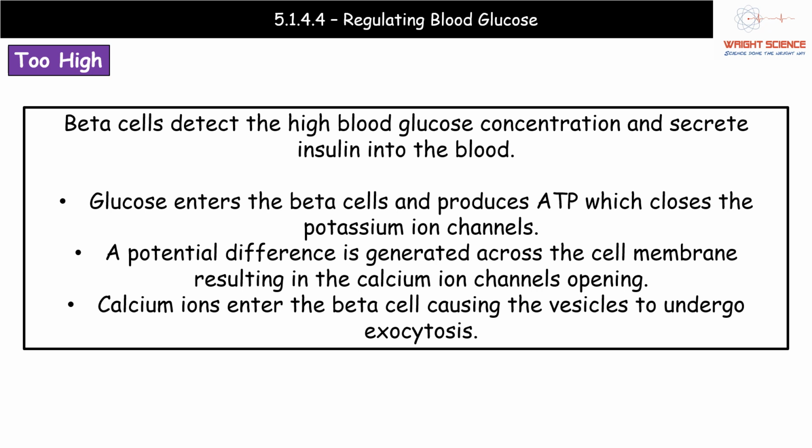When we get that ATP accumulating within those beta cells, the potassium ion channels are going to close. That then means we get an accumulation of the potassium ions and a potential difference generated across the cell surface membrane. As a result of that, the calcium ion channels are going to open, calcium ions then enter the beta cell, and that leads to the exocytosis of the vesicles that contain the insulin.